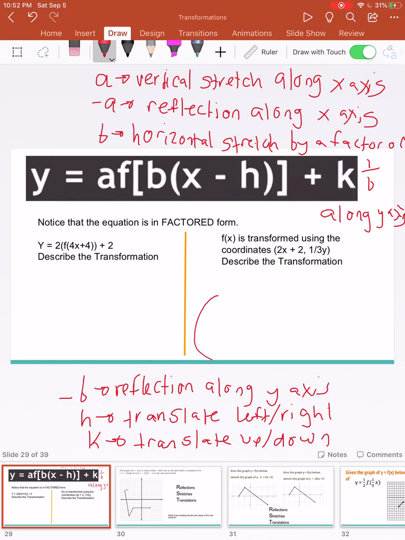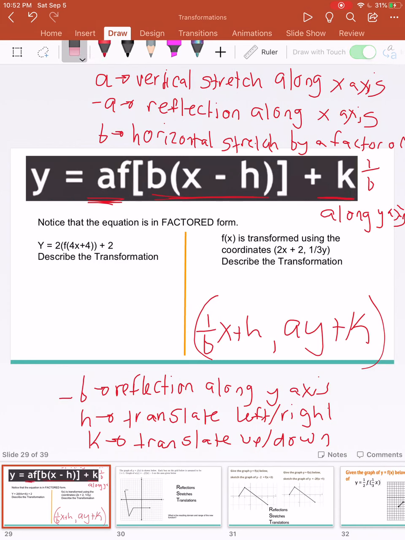We've talked about how anything outside of the f function brackets affects the y variable, so I'm going to have ay plus k. Anything inside of those function brackets affects the x variable, so I'm going to have 1 over b x plus or minus h. There we go. Those would be the mapping coordinates to go along with the letters.